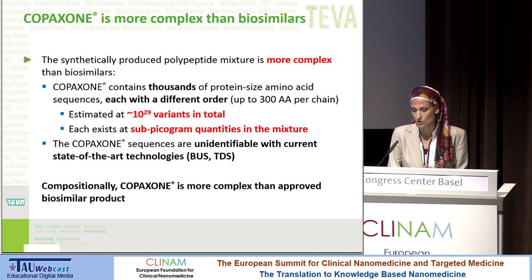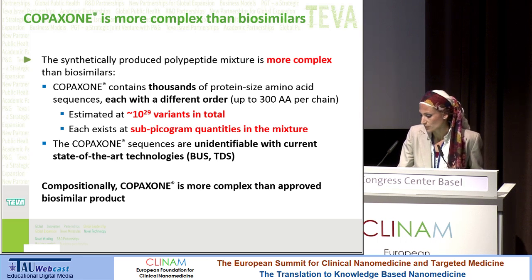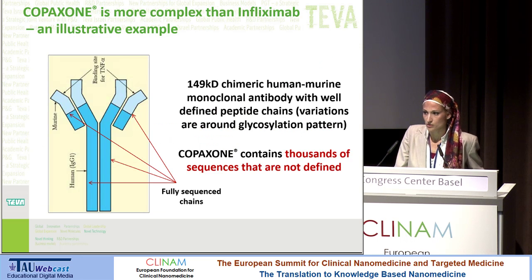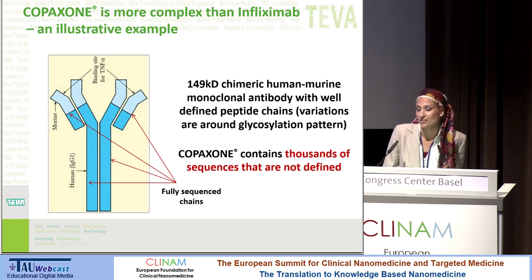We cannot use bottom-up or top-down sequencing. And so, for instance, infliximab is far simpler, or less complex, than Copaxone. The backbone is fully characterized, and the variation is dependent on the glycosylation pattern at specific residues.